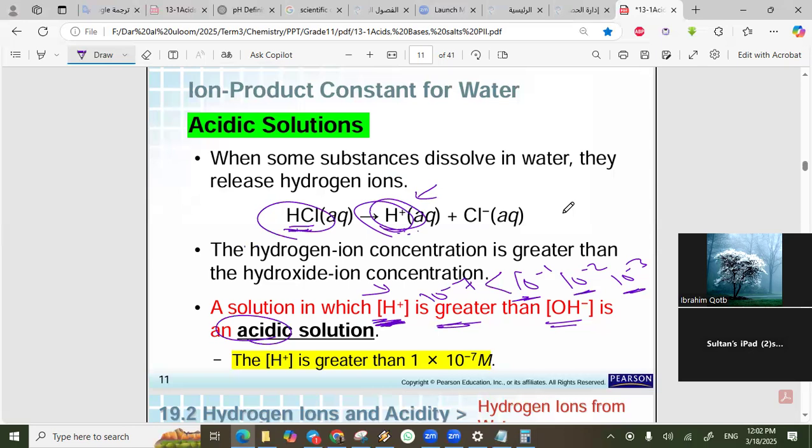H plus increase means it is greater than 10 negative 7. I told you in the negative, we do the opposite. Negative 1 is greater than negative 7. Negative 2 is greater than negative 7. The smaller the number, the greater the value. So here, H plus is greater than 10 negative 7, and we call the solution acidic. It is not neutral.